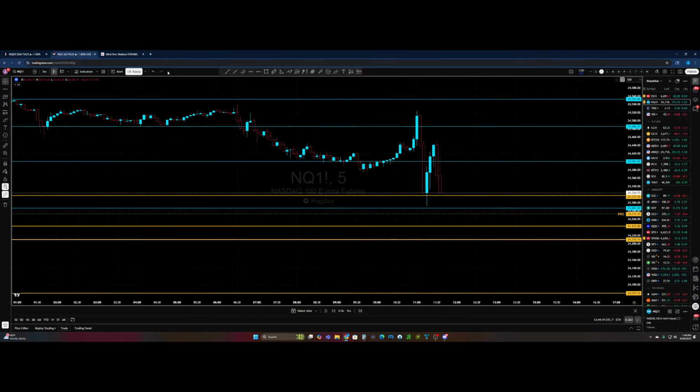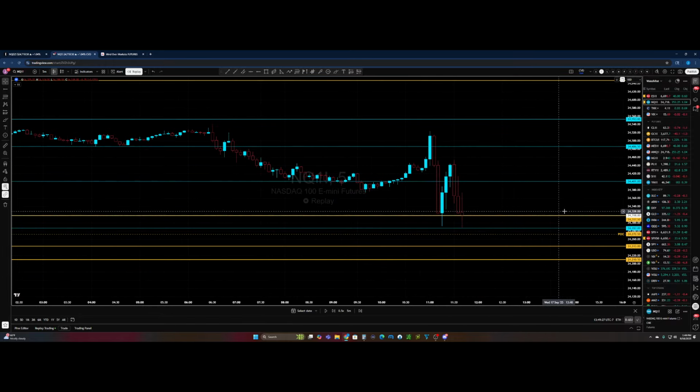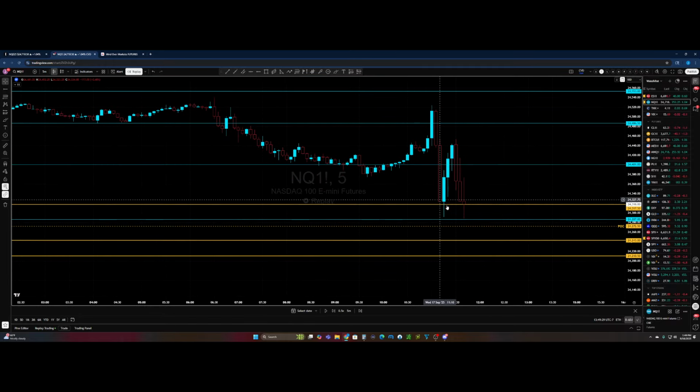Now, let's move forward. Okay, so as you can see, sellers are still taking control of the day. We are still trying to push down. Now we once had a false breakdown or a failed breakdown, meaning the sellers could not push this lower, and now they're trying again, right?